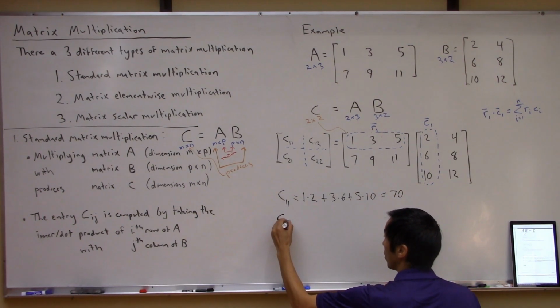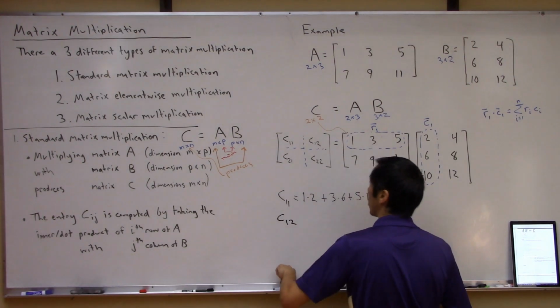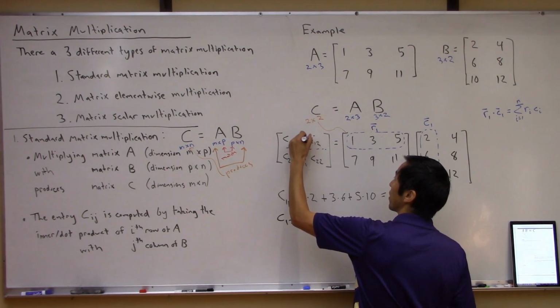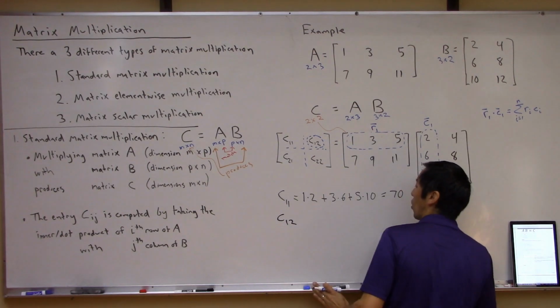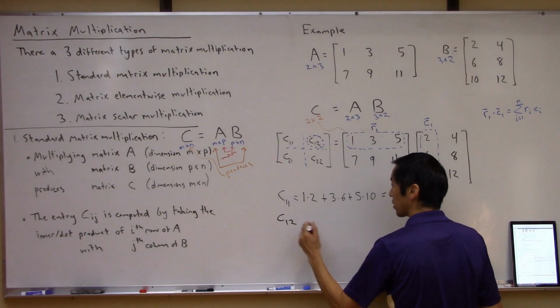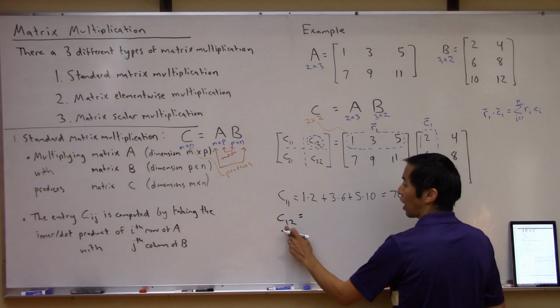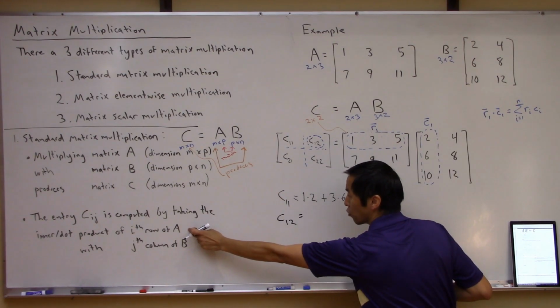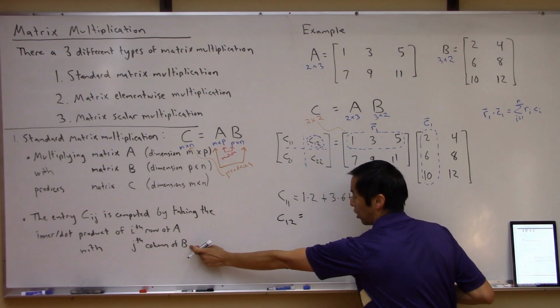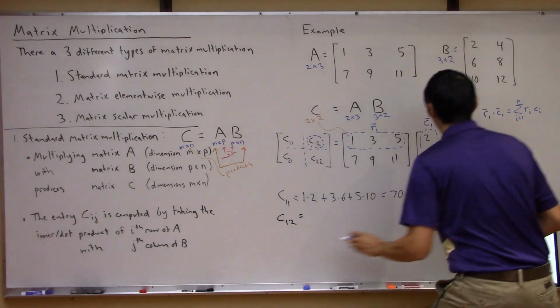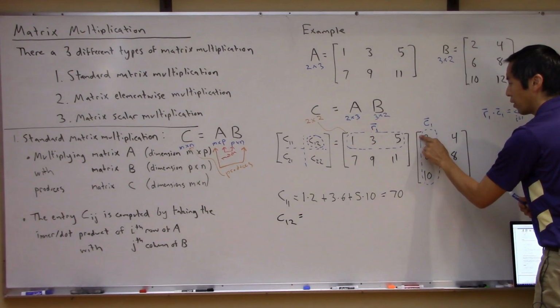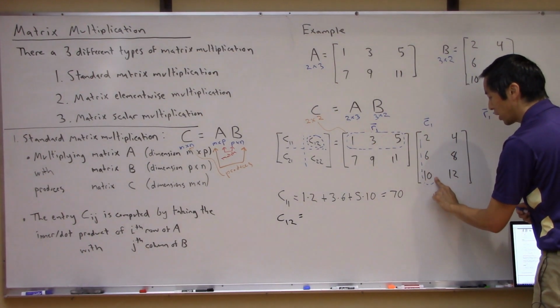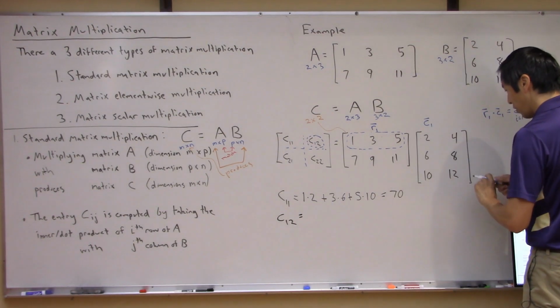Let's get the C12 element. So now I'm talking about, let's focus on this element. The only thing that changes is I now need to look at the first row of A and now the second column of B. So let me change this bracketing. So first row of A, but now I actually focus on this column.